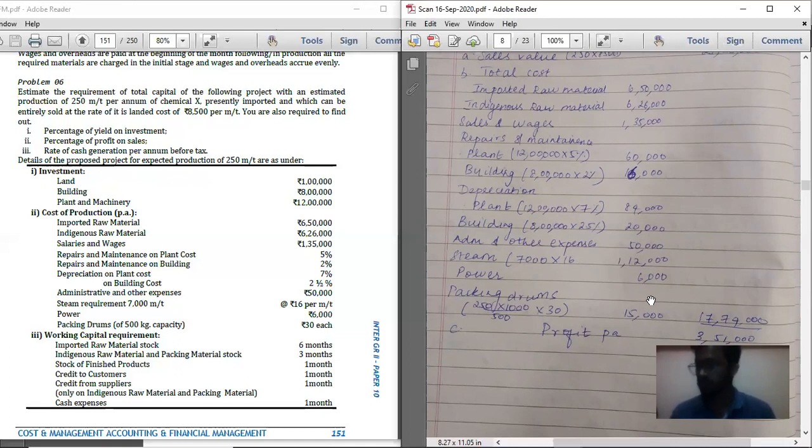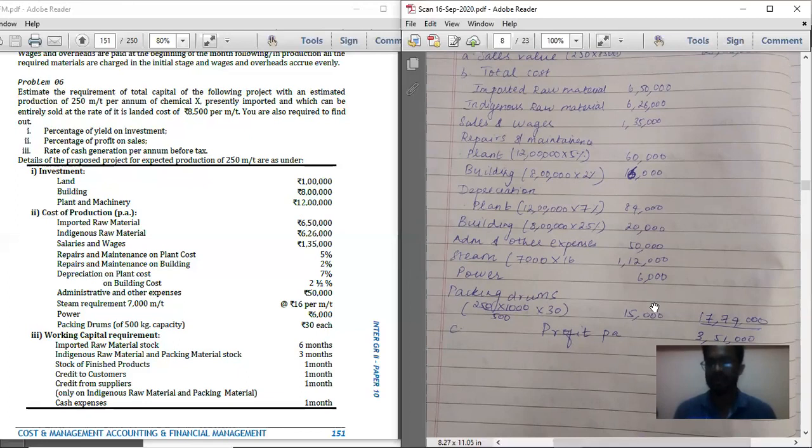Just cross check it once. Seventeen lakh 74,000. Outer amount column 17,74,000 within bracket.